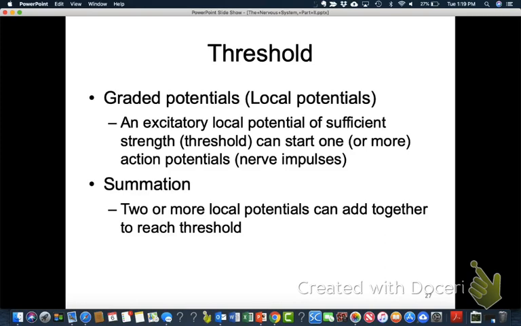So an excitatory local potential brings you toward threshold. If it hits threshold, it starts a nerve impulse. And sufficient excitatory stimulation, by summation, by adding the effects of different stimuli together, can bring you to threshold. Inhibitory ones drop the polarity even more and take things further away from threshold.